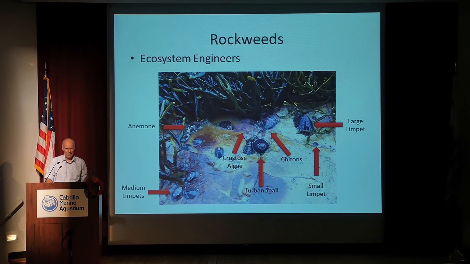And if you've ever been out and looked at rockweed and lifted it up, what you'll find is that it's wet under there and it's cool under there. So this is the rockweed that normally would be covering this area here, and we've pushed it back to see what's growing underneath. And what you see is there's all these different anemones and chitons and snails and crustose algae and all sorts of things that are living under the rockweed. And so those organisms won't be living there if the rockweed's gone.